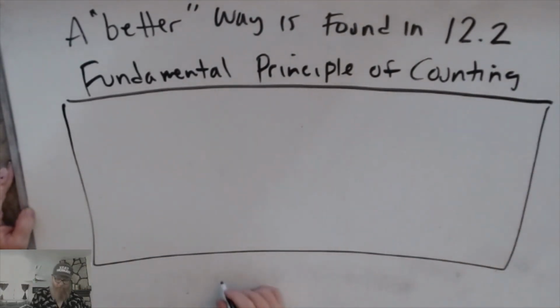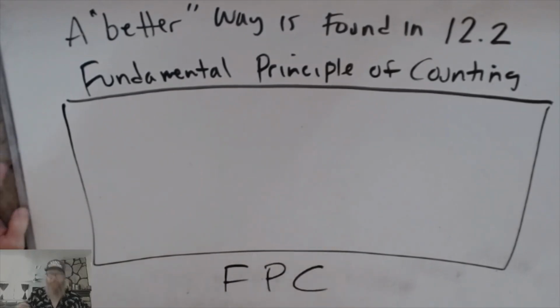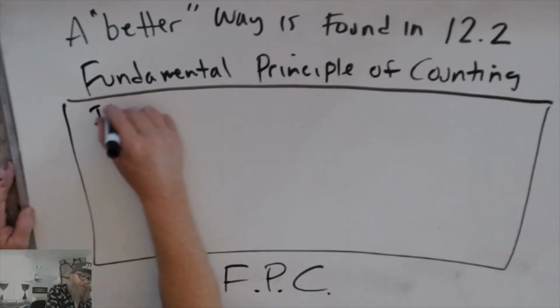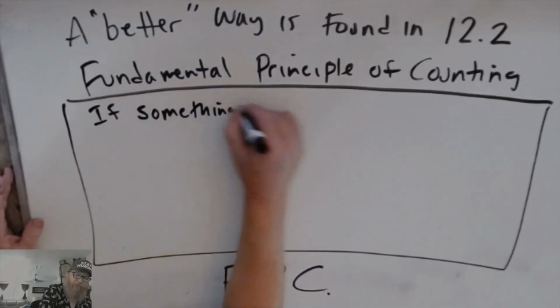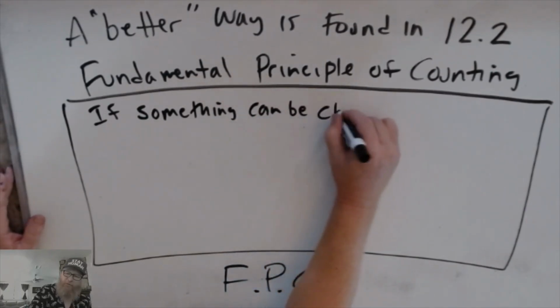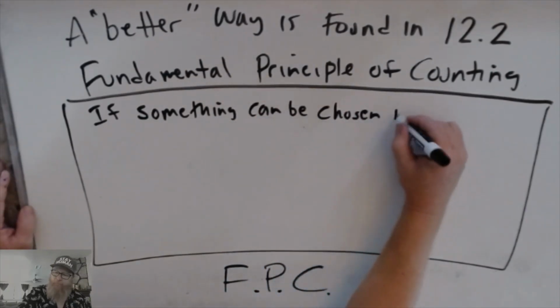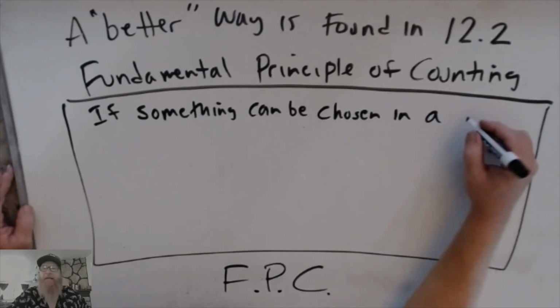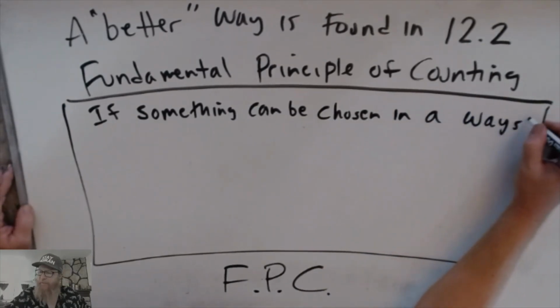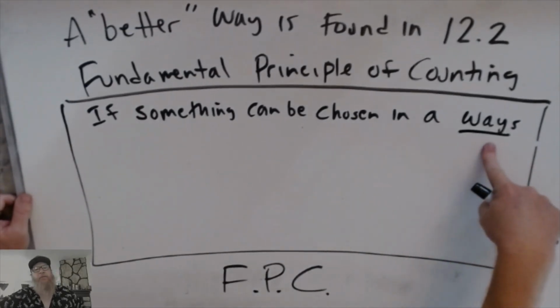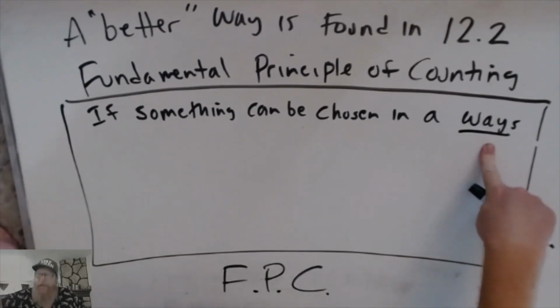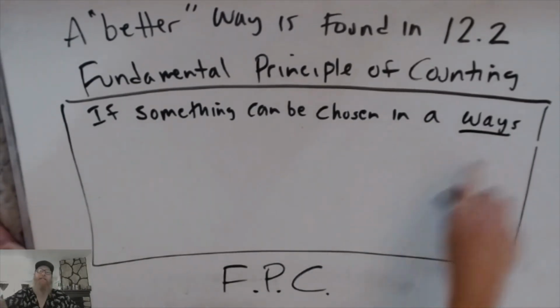Here is the fundamental principle of counting, the FPC. If something can be chosen in A different ways, throughout the lecture today, and probably for the next couple days, whenever I say how many ways, what I really mean is different ways.